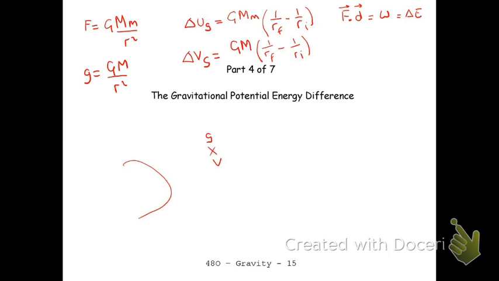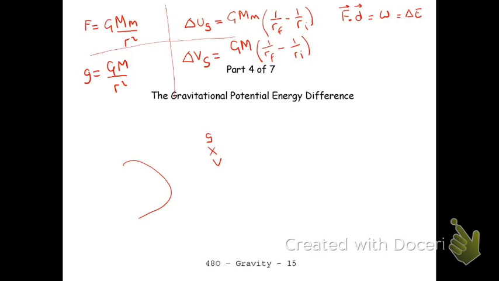So can you see the top line has big M and little m in both cases, and the bottom line is only big M. And this left-hand side has 1 over r squared, and the right-hand side has 1 over r.